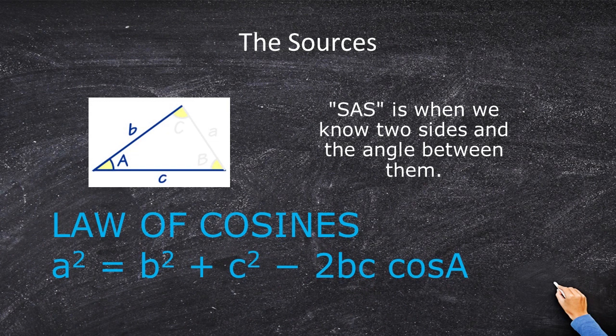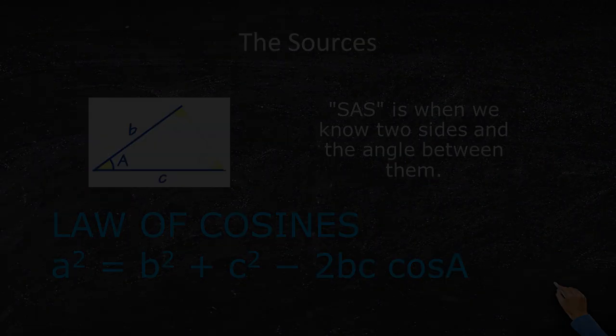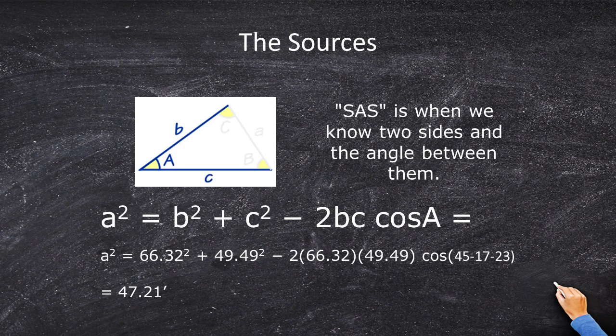Because if we have B and C, and we'd like to find side A, then we're going to plug in angle A, side B, and side C, and crunch the numbers. And those numbers look like A squared equals B squared plus C squared minus 2BC cosine A.